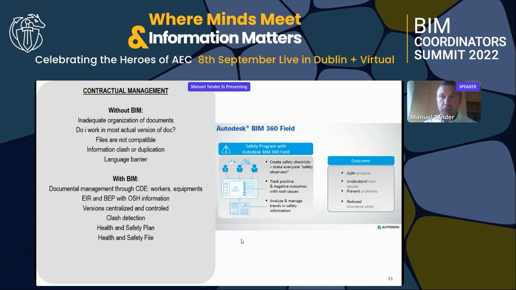How am I going to include OSH information in the BIM model? This way I get these versions centralized and controlled, the information and documents are more controlled, and my most important documents, the health and safety plan and the health and safety file, I can optimize their use. So these are the advantages for contractual management.